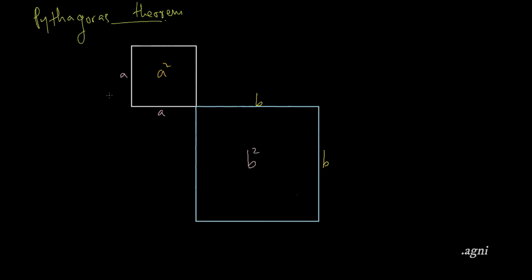For some reason, let's say you own these two lands and a new road is being proposed by the government. In that case, both these two lands are going to be destroyed, and the government is offering you a new land where you're going to have these two areas all together.